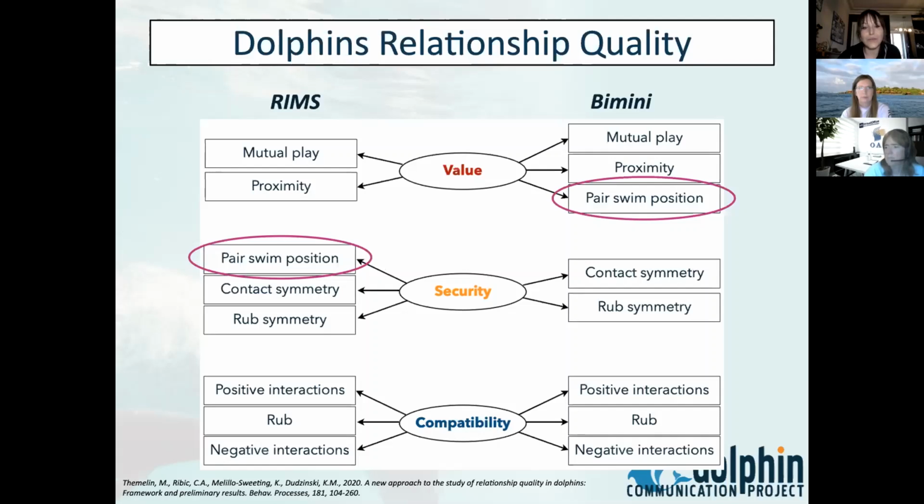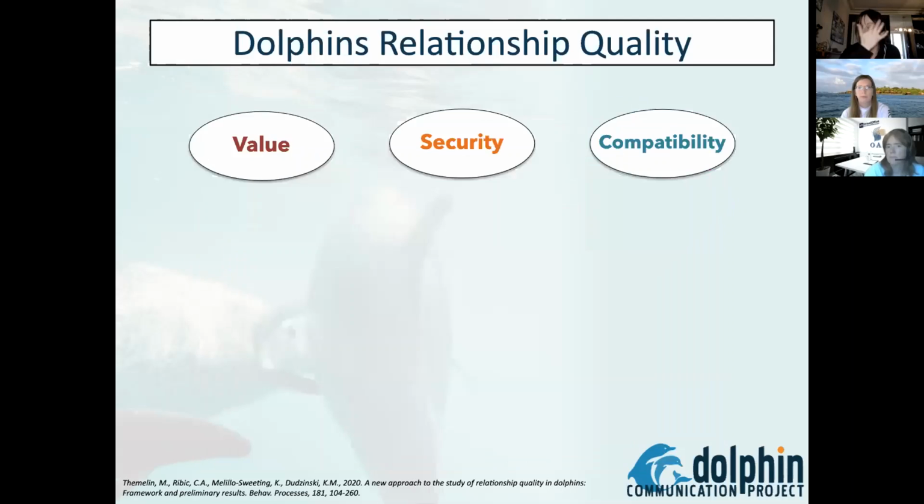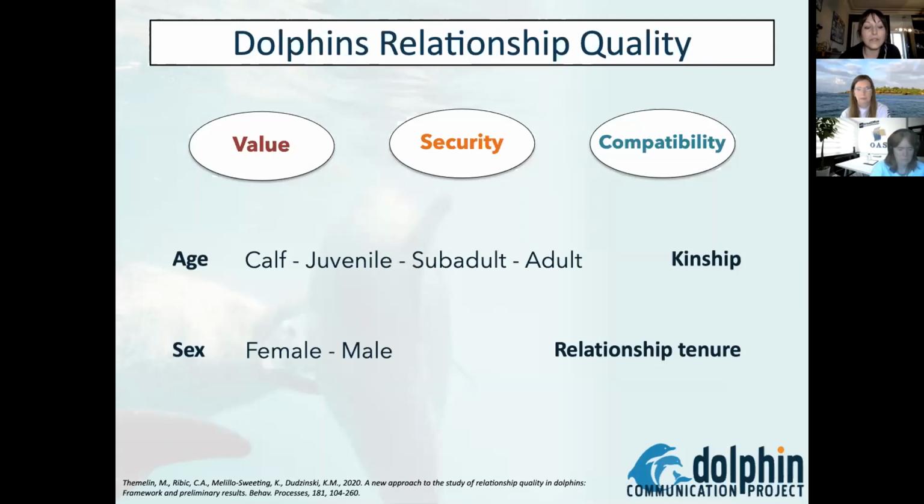The first thing you have to remember here is we have our 3 components, and so we can go further into relationship quality, meaning we can test statistically to see if we have an effect of, for example, the age combination of the dyad, the sex combination of the dyad. So age and sex were tested at both sites, Bimini and RIMS, and kinship and relationship tenure were only tested for RIMS because we didn't have this information for Bimini.